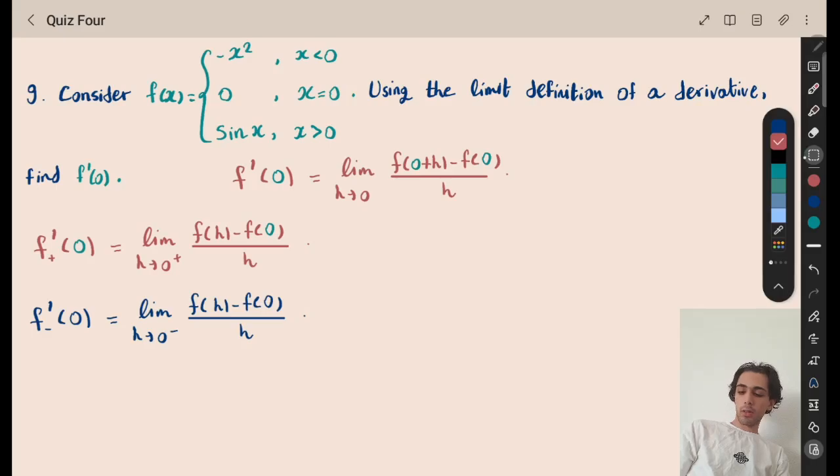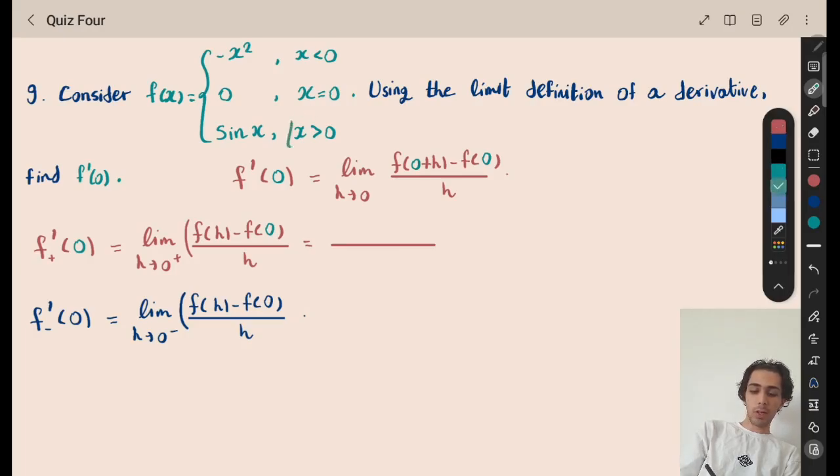Now, if h is going to 0 positive, so it's greater than 0, then in the first case, f of h will be precisely, it's positive, so this is the positive part.